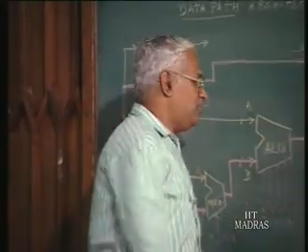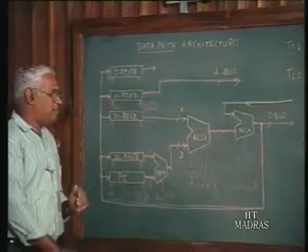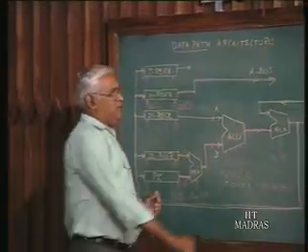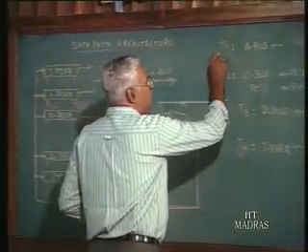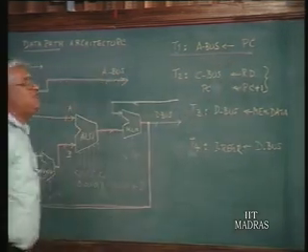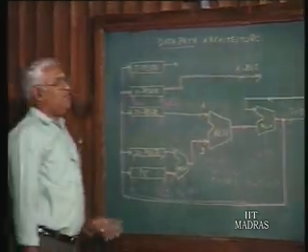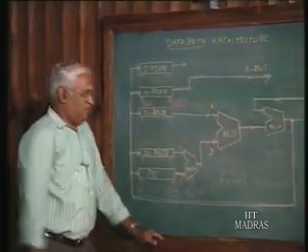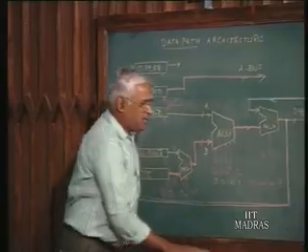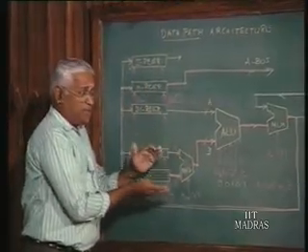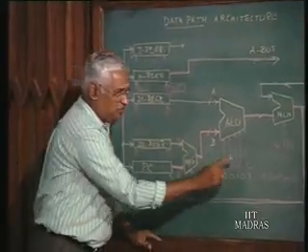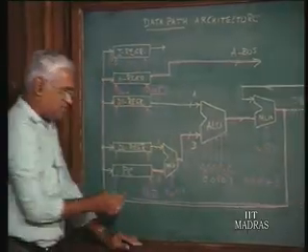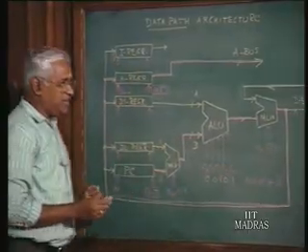Now, let us get back to the original data path discussion, that is just for one state, in which the PC contents are placed on the A bus. We said this is the data path, and the path is specifically set up mainly because the controller is generating these various signals. Now, let us go into detail and work out.